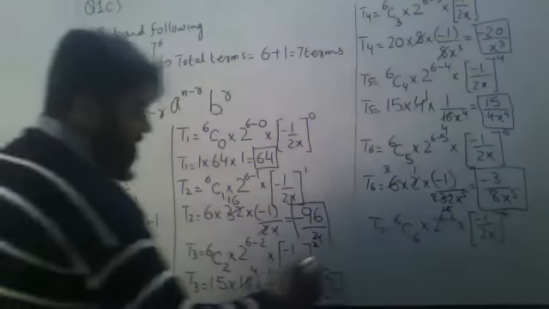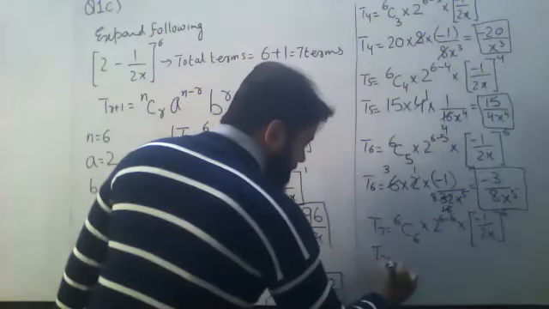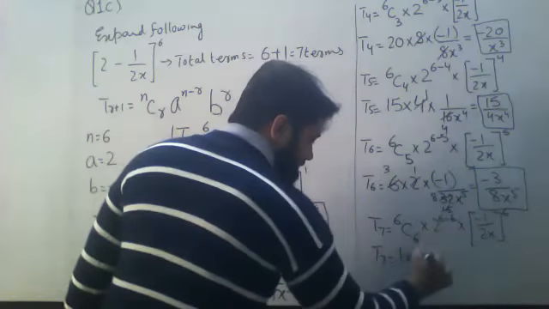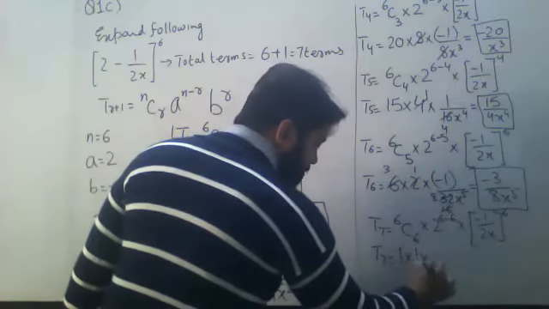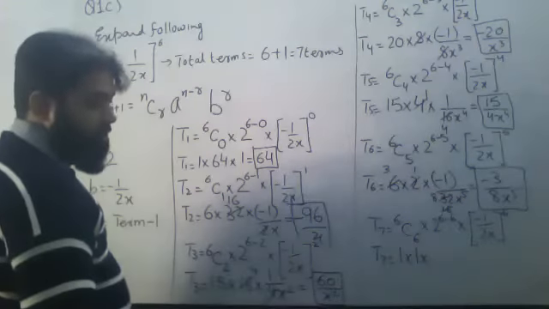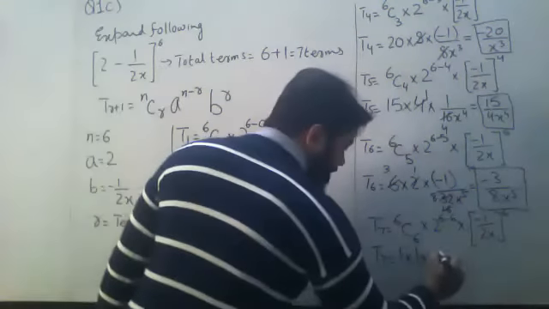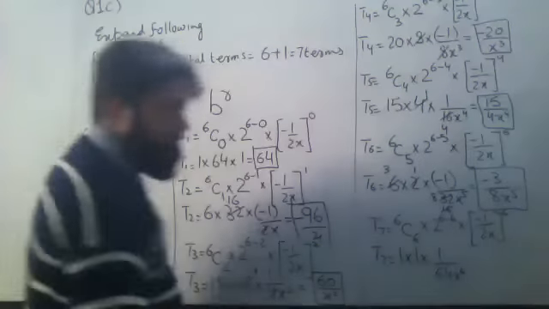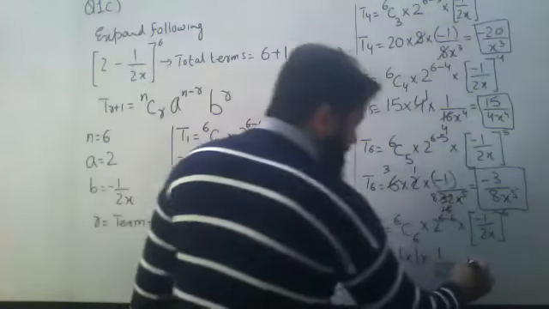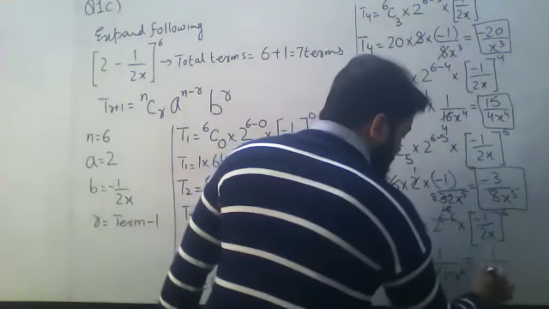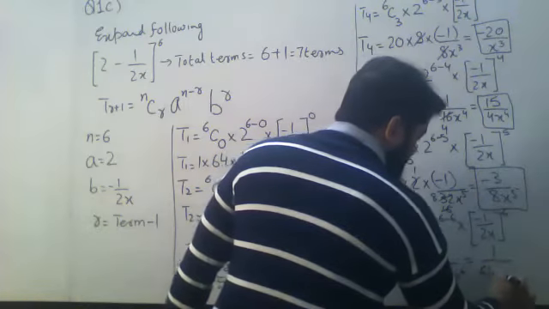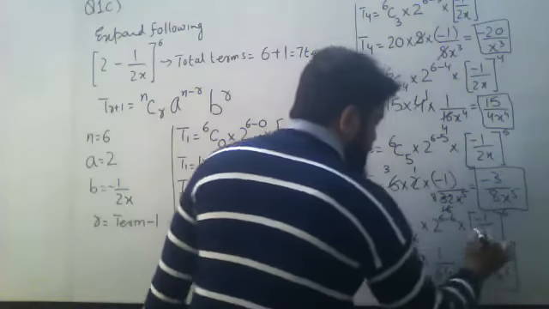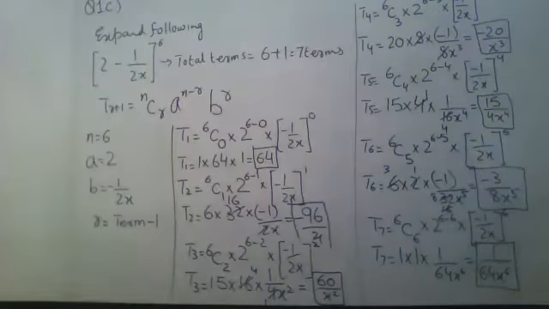So when I simplify, T7 equals 6C6 will be 1. 6 minus 6 will be 0, so power 0, 2 power 0 is also 1, and this will become 1 over 64 x power 6. So my final answer will be 1 over 64 x power 6. These are all the terms written separately.